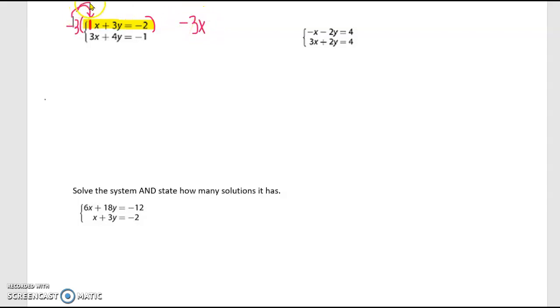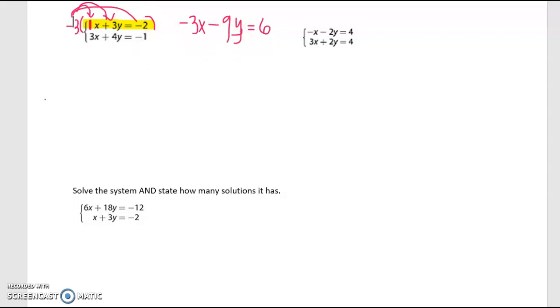And then -3 times a +3 is going to give us a -9y. Let me color over that. And then -3 times -2. Well, that's a negative times a negative, which gives me a +6.